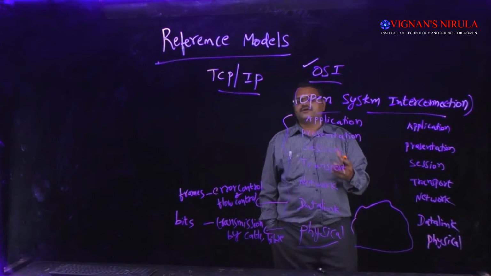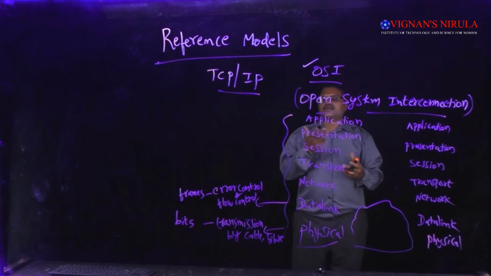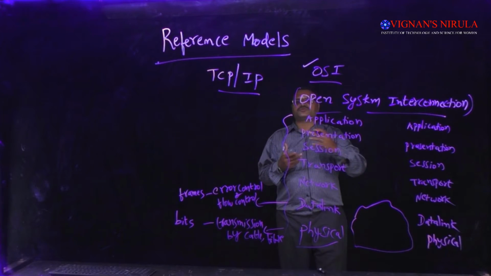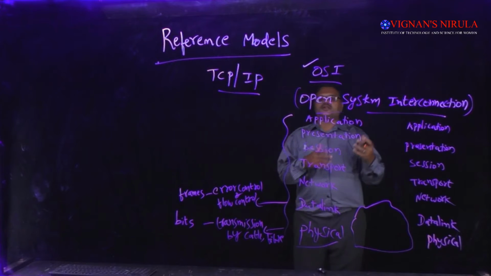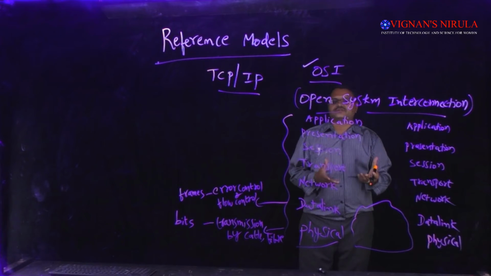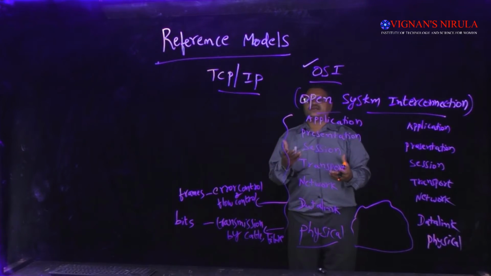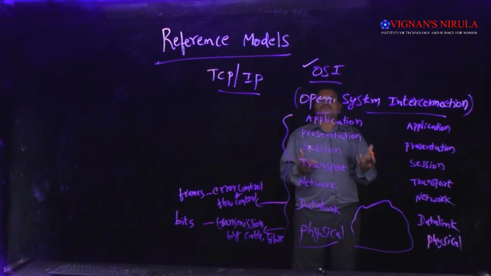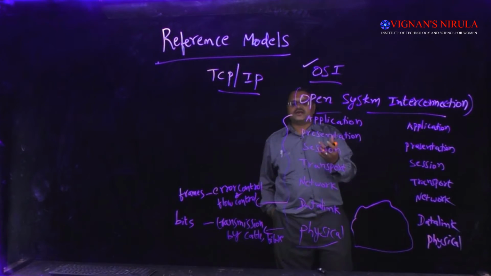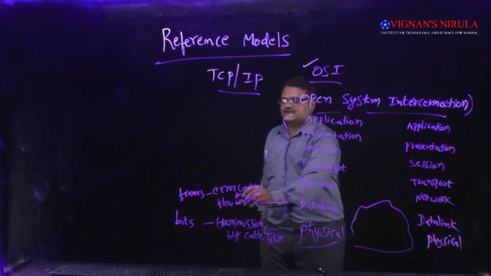Whenever a sender is continuously sending frames to the receiver, but the receiver is not in a position to accept all the frames at once, it is overwhelmed. That is a fast sender and slow receiver situation, which is also handled by the data link layer, and that comes under flow control.